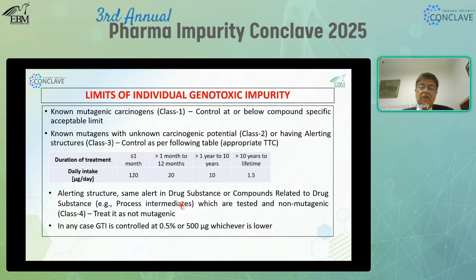The duration of the treatment means how long the patient is taking the drug. To put it in a very simple way, people take hypertension drugs for a lifetime, right? Or diabetic drugs like metformin, rosuvastatin, etc. These come in this category. Majorly, most of these fall in the lifetime category.